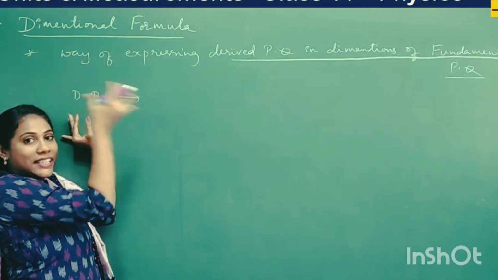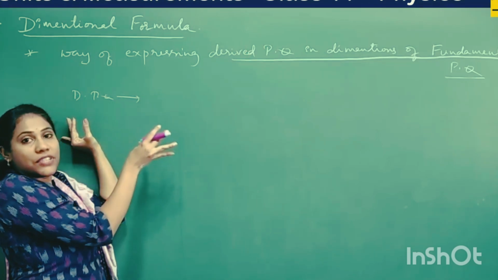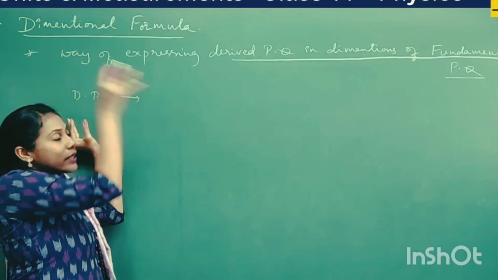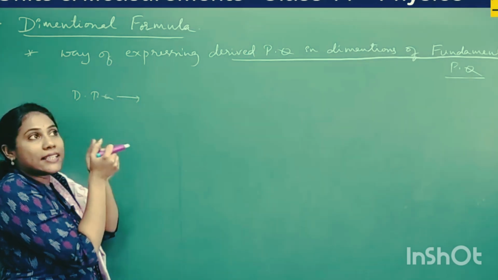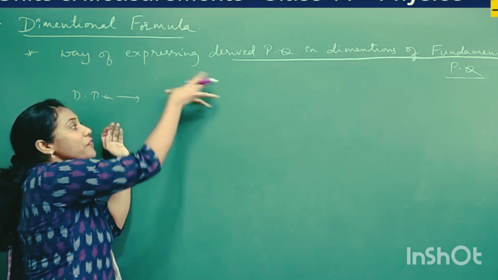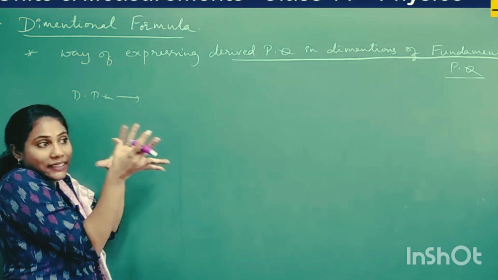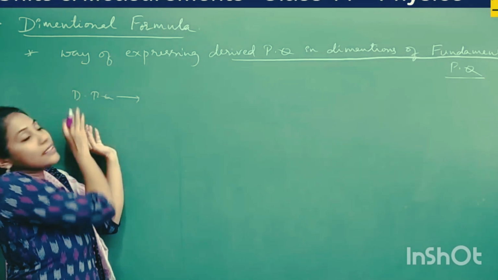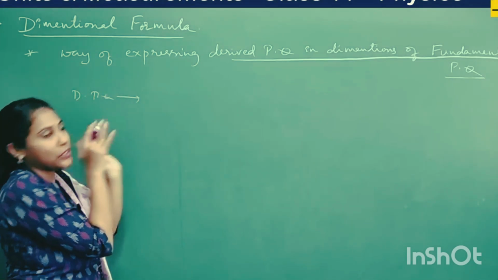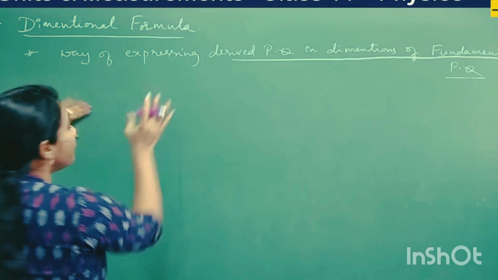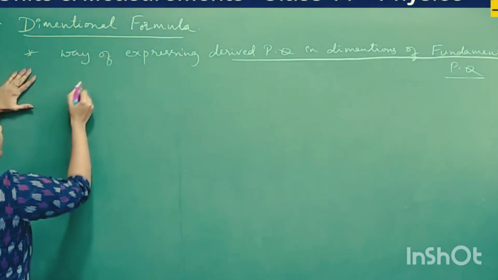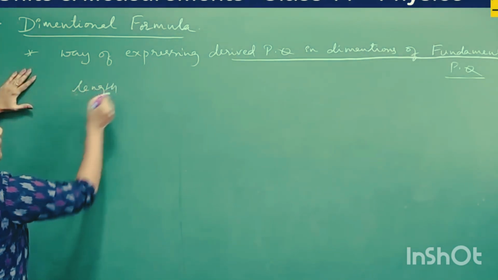So this definitely involves a few fundamental physical quantities, right? Looking at the dimensional formula, you will understand which fundamental physical quantities combine together to give a particular derived physical quantity.